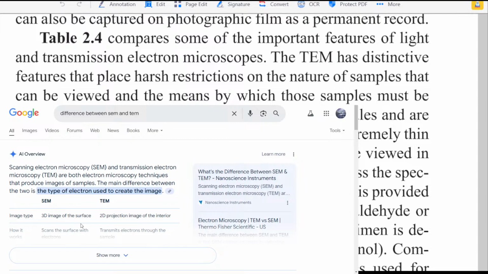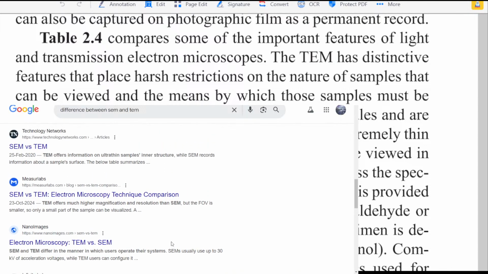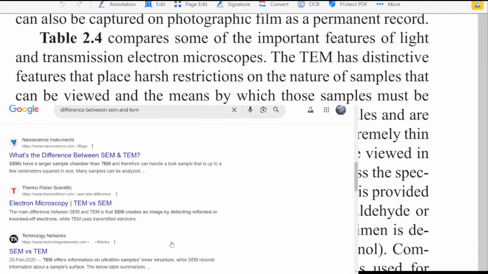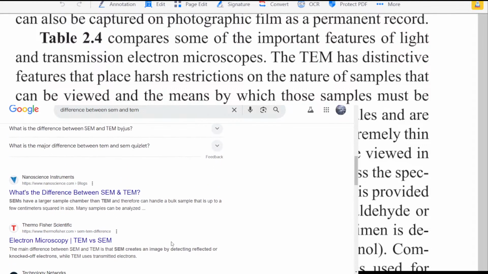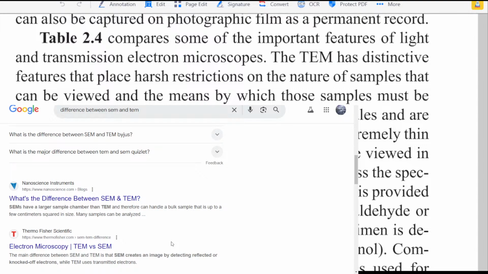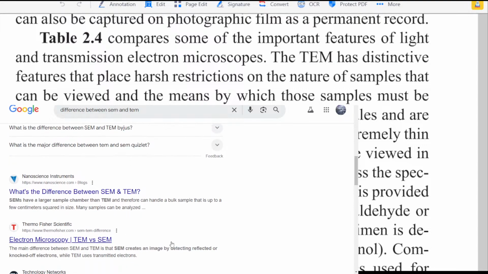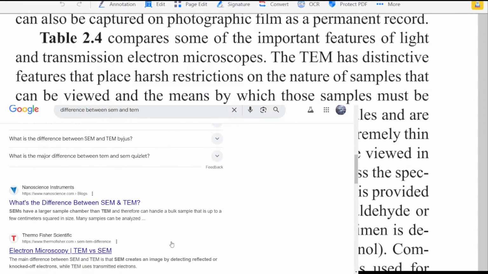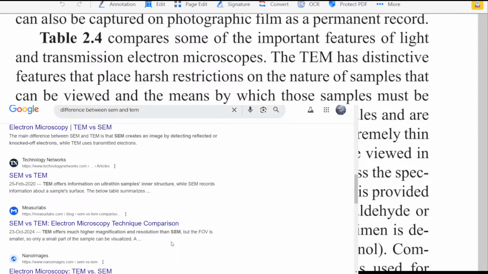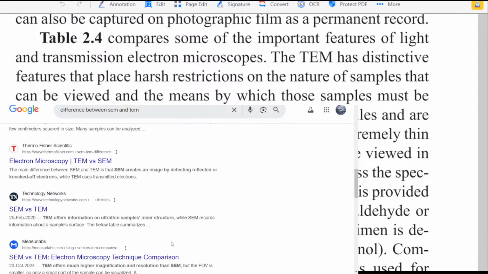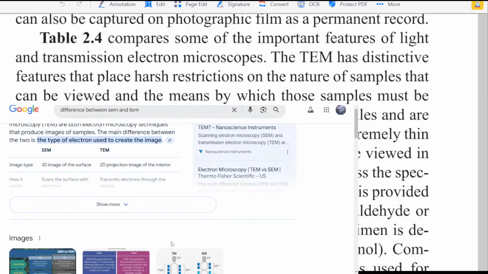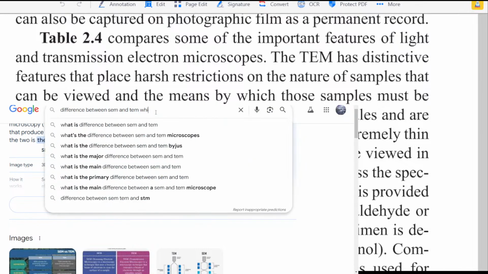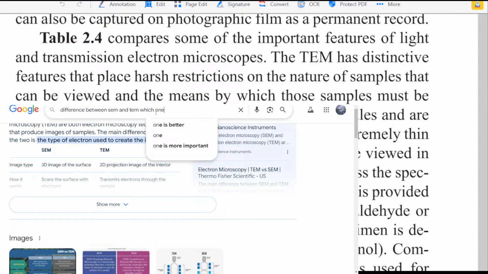Which one sees the outer structure, which one sees the inner structure? I see, it looks like the transmission one. Which one sees the outer structure?